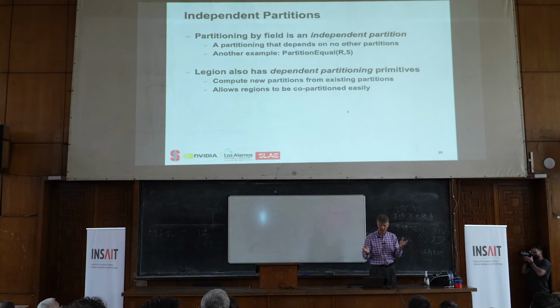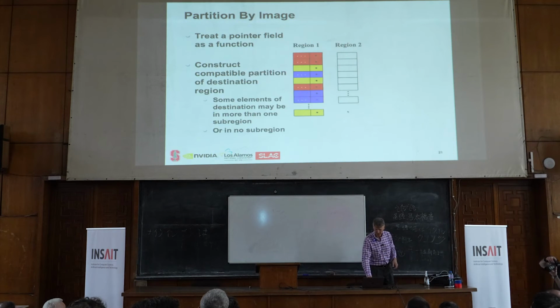So for example, in our graph example, if I pick some partition of the nodes, then I'd like to partition the edges in a compatible way. I'd like edges that are attached to nodes in the same set of nodes to be in the same region, for example. All right, so this is for co-partitioning and for computing partitions from existing partitions. So there's only 2 operations in this category, and they have nice interpretations.